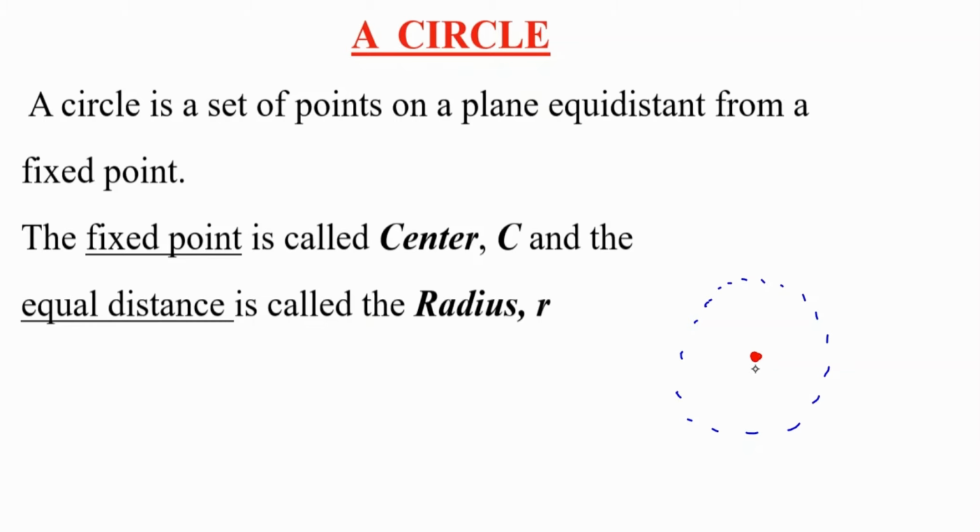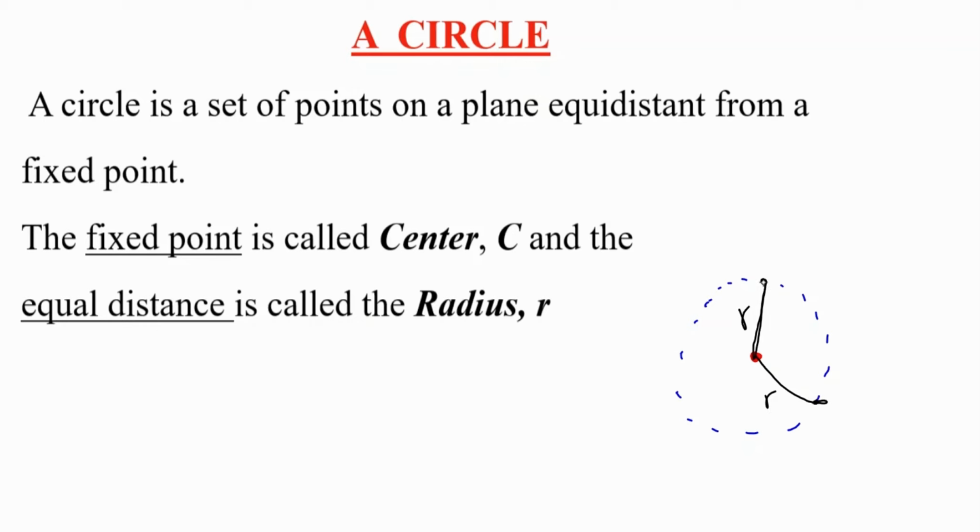Now this center is at equal distance from any point we see. So the distance from the center to any point on the circumference is equal. Here is what we call the radius, and here is what we call the radius.